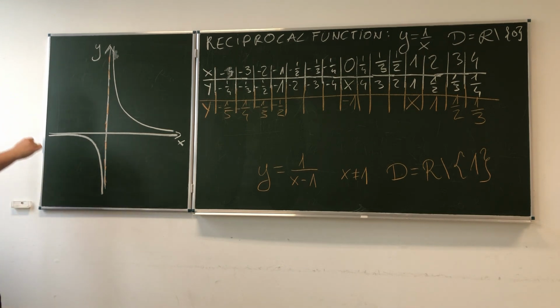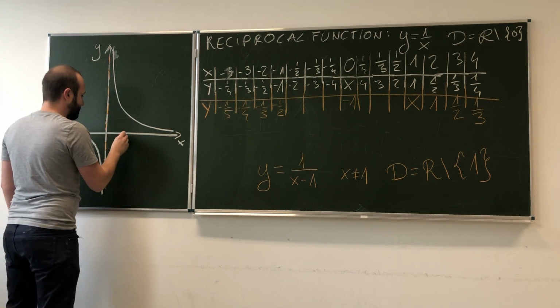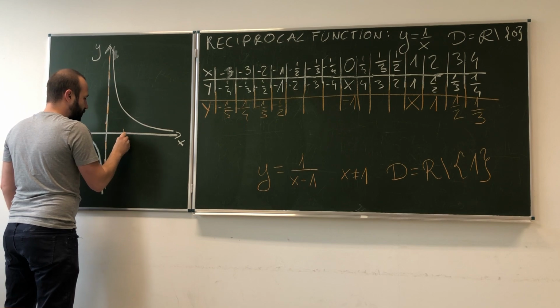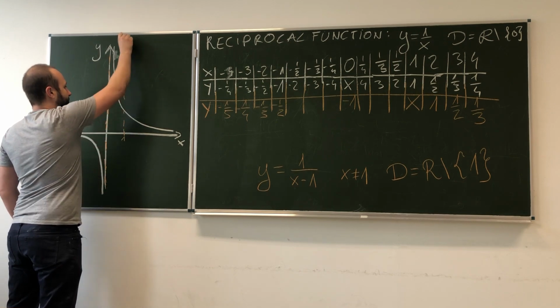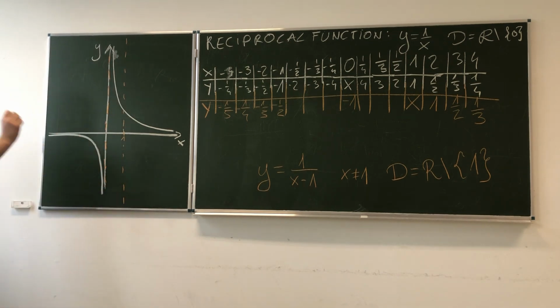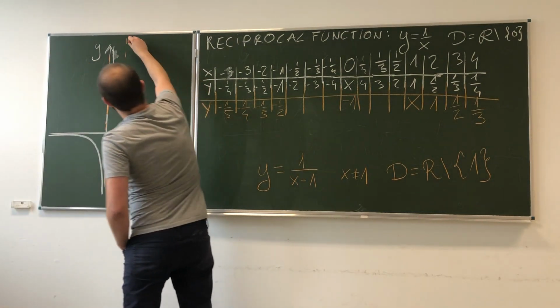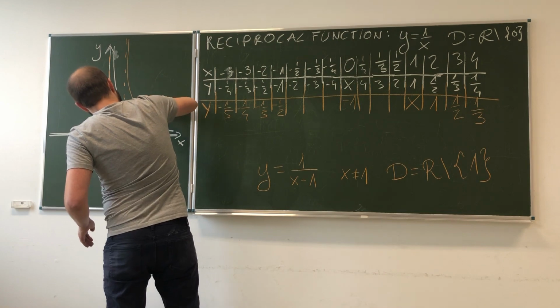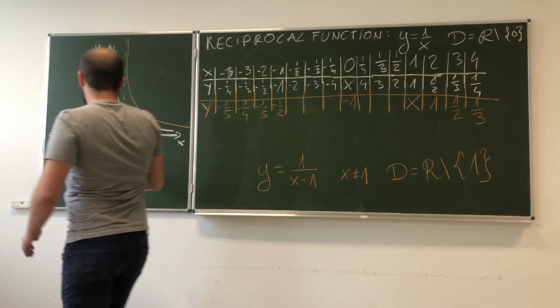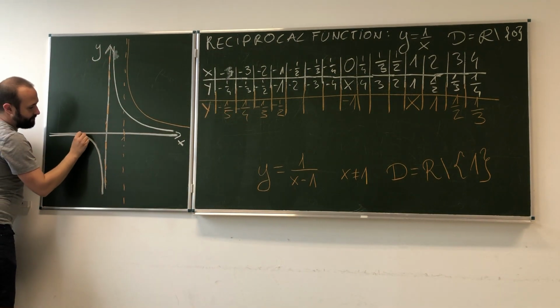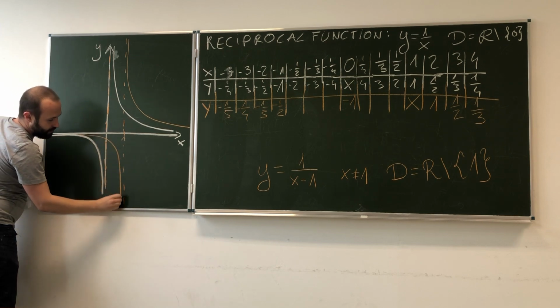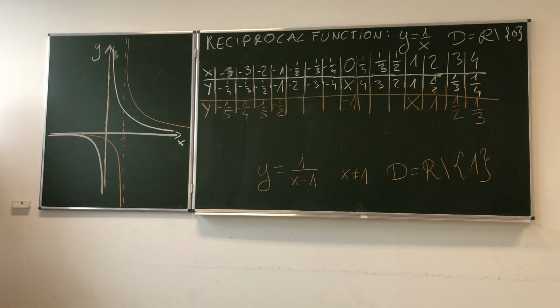So the easiest way to do it is to move the asymptote to the point 1 and draw a new one. Look, now all we've got to do to draw this function is to treat this as the y-axis and draw more or less the same shape. And the same goes here.